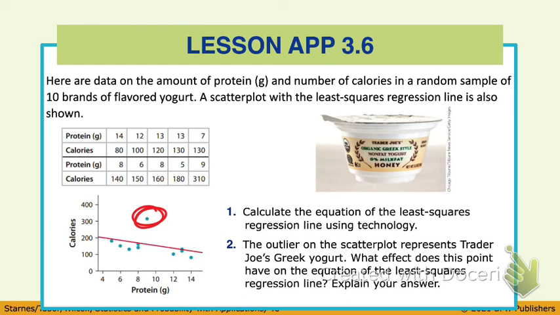It's pulling the line up, meaning the y-intercept is increased because of that dot, but the slope isn't really affected. So slope not affected, y-intercept increases because of that dot, correlation gets weaker.